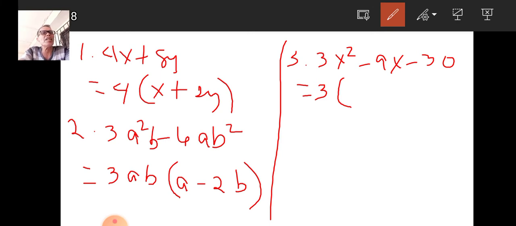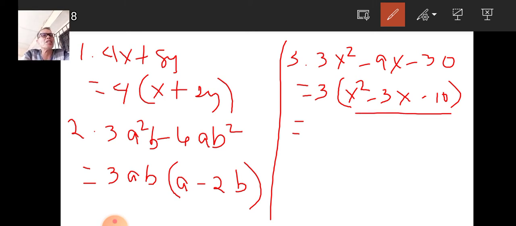So 3x squared divided by 3, you will have x squared, minus 9x divided by 3, you will have 3x, minus 30 divided by 3 is 10. Now the terms inside the quantity, x squared minus 3x minus 10, are still factorable. So you are going to factor it again.